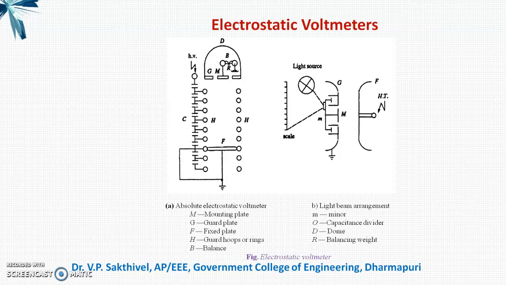The electrostatic voltmeter is designed to measure RMS values up to 600 kV. Electrostatic voltmeters usually have a small capacitance in the range of a few picofarads, and a high insulation resistance in the order of 10 to the power of 7 megohms.